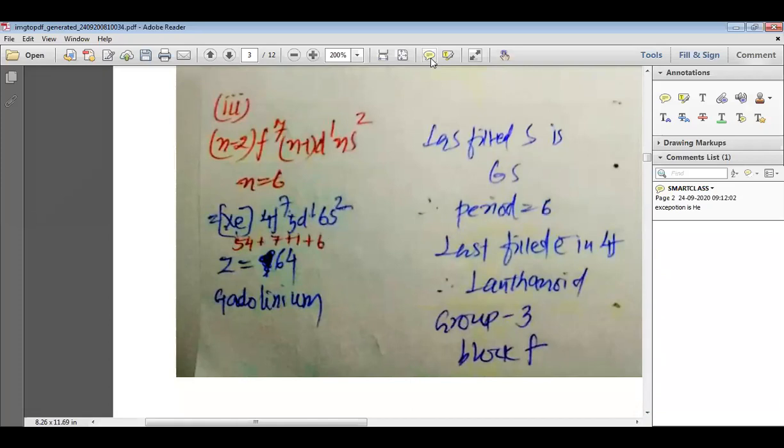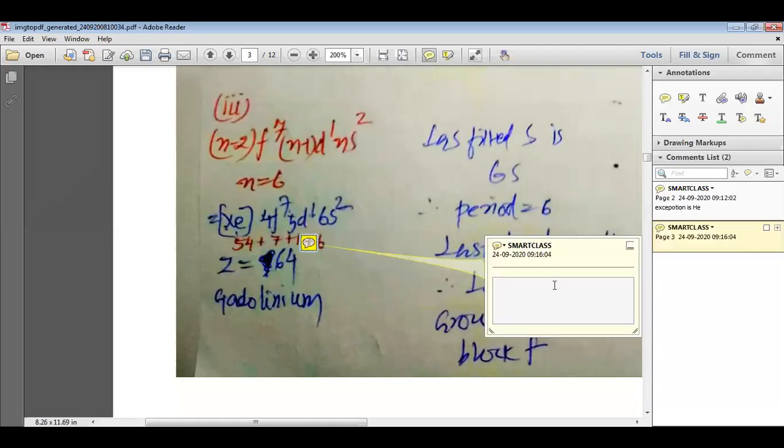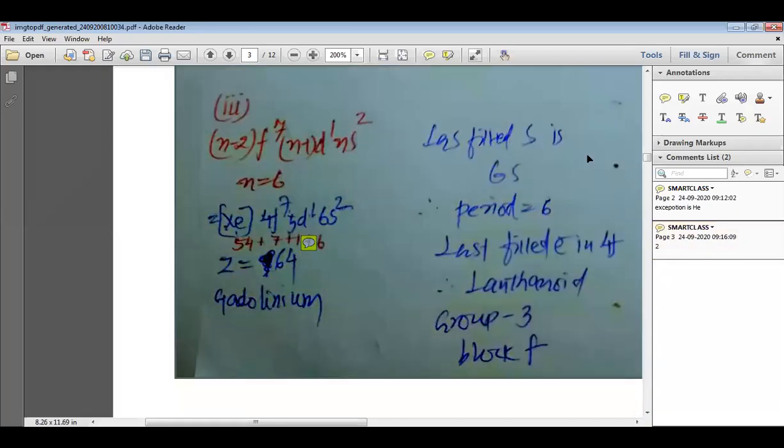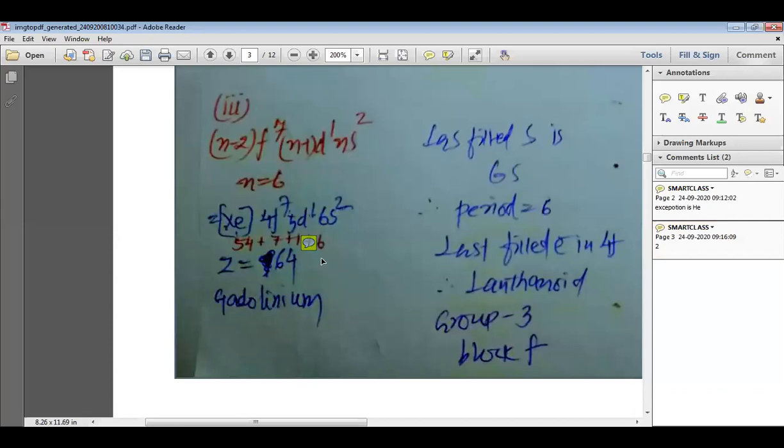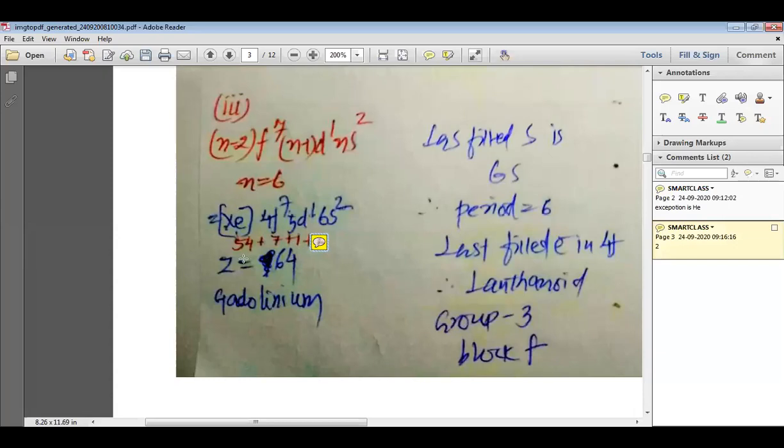So the total is going to be 7 plus 1 plus 2, 10, plus 54, that is 64, and if it is 64, then it is gadolinium.